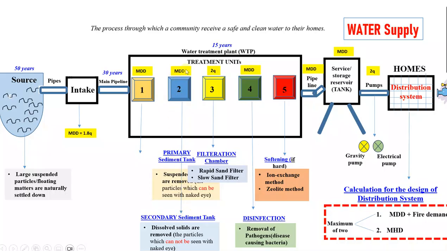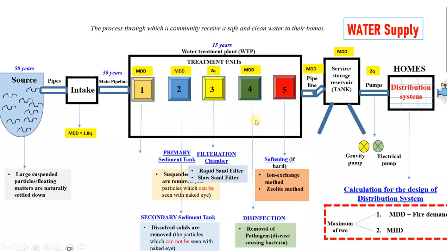For example, here we have first the primary sedimentation tank, then the secondary treatment tank, then the filtration chamber, then disinfection units for removal of pathogenic or disease-causing bacteria. Then we have softening by the ion exchange method and the zeolite method.